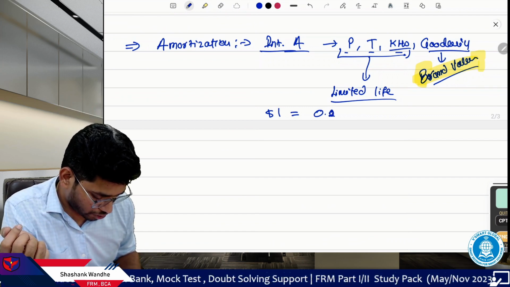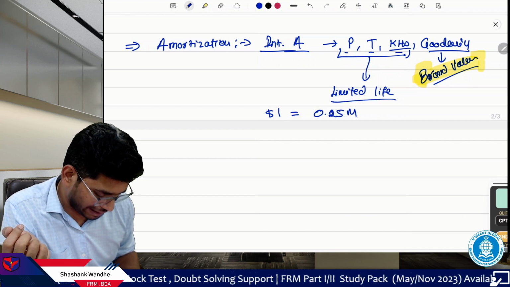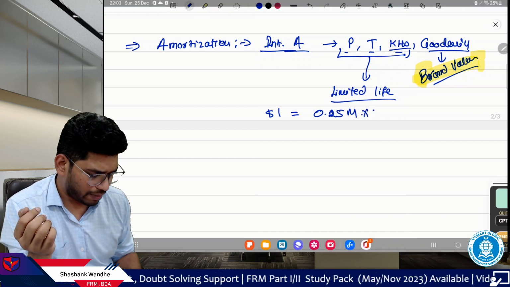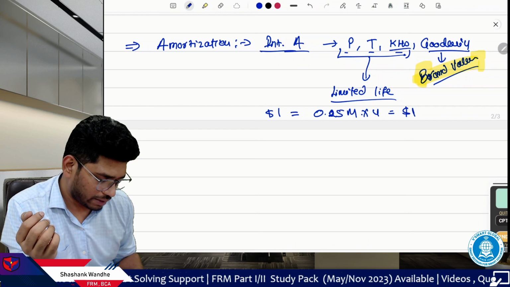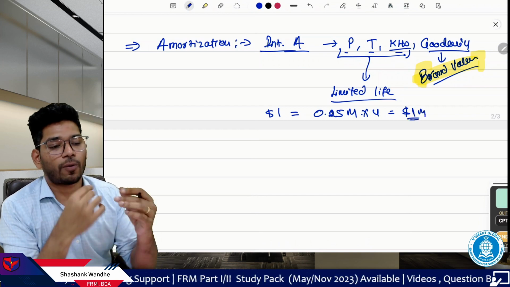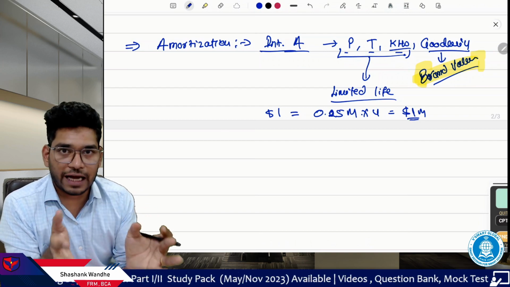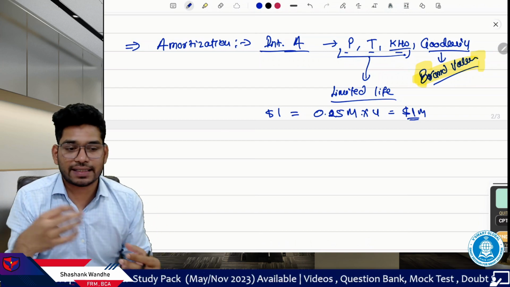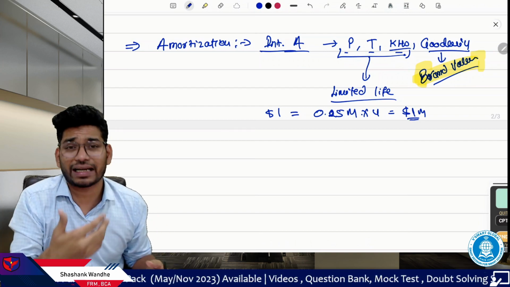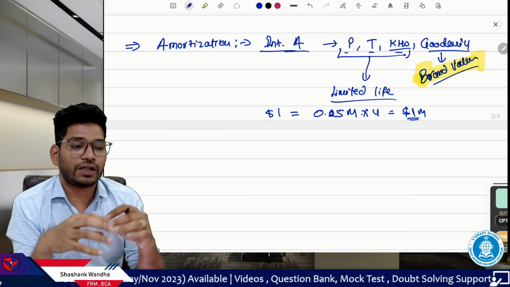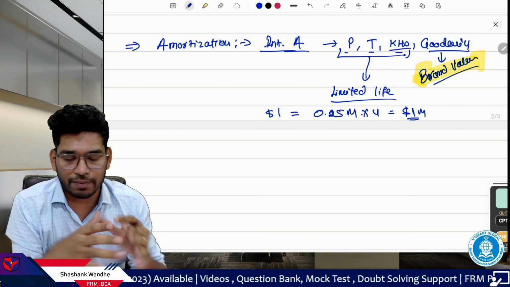So 0.25 million every year multiplied by 4 is equal to 1 million. Simple. So when there is a limited or fixed life for a particular intangible asset, like a patent or trademark, then we will use the straight line method.